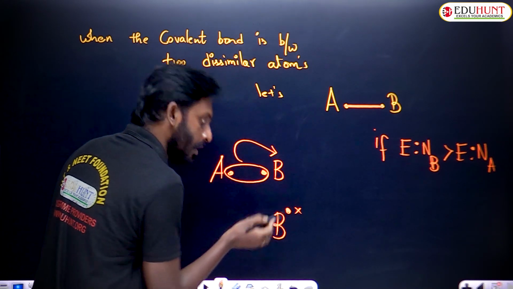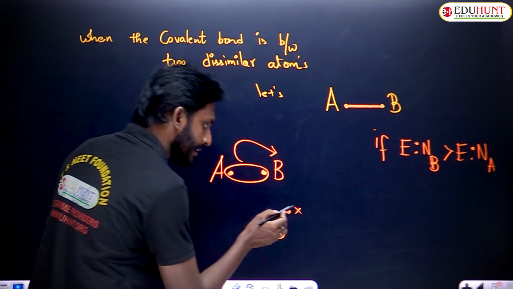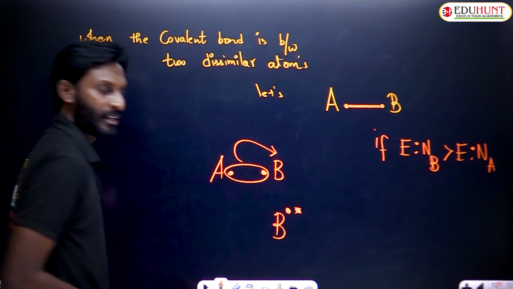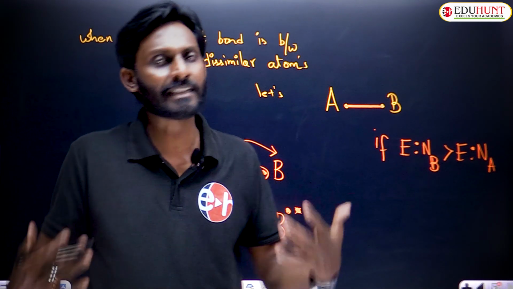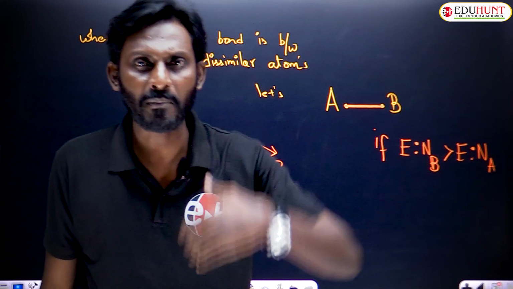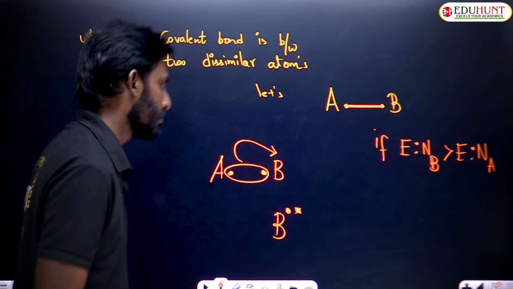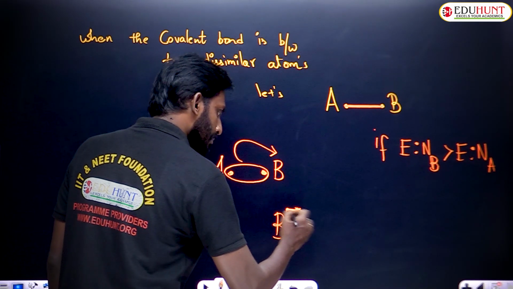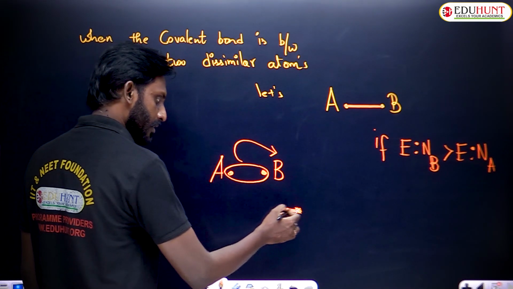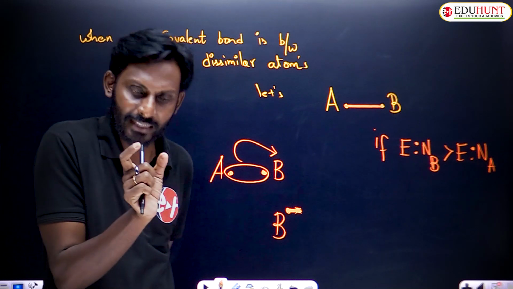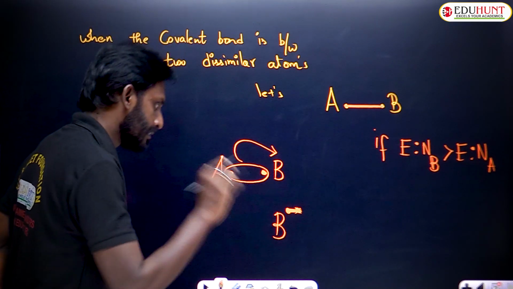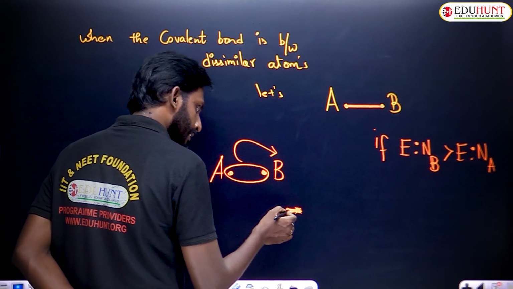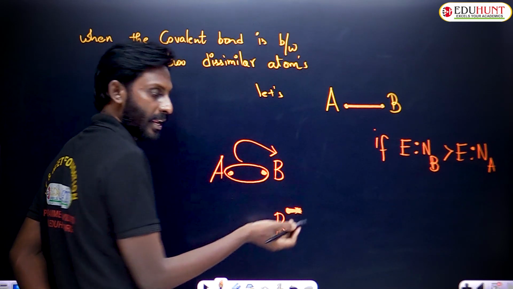Now what happens? You imagine if any atom gets an extra electron from another atom, what happens? Negative charge. So I'll write this as a minus. That minus represents one electron pair. In this pair, one electron belongs to B and the extra electron is from A.